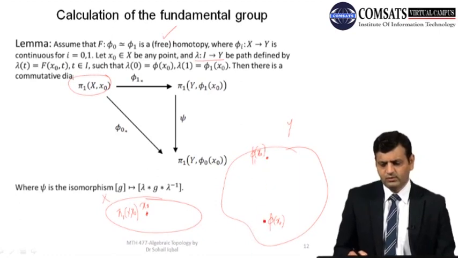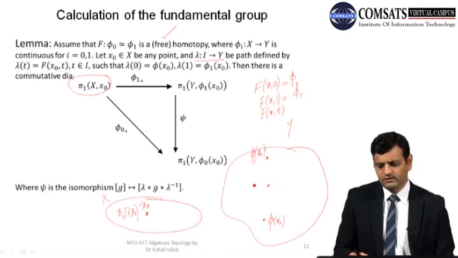Because these are free homotopies and there is no condition on x naught, and if they are homotopic, then in between them there will be some other functions. So f of x, 0 is phi naught, and f of x, 1 is phi 1, and there will be some other functions in between them for any t. For example, this is phi t of x naught.